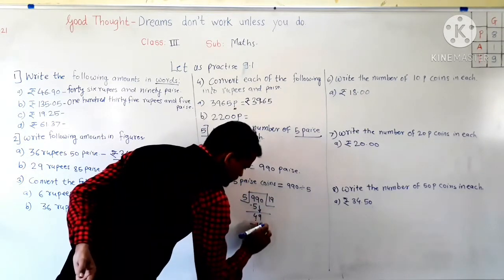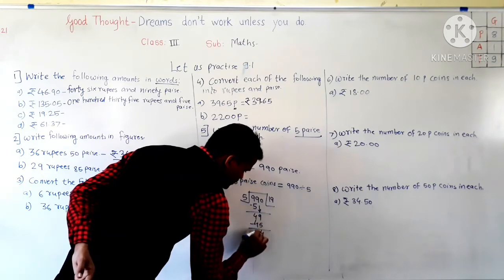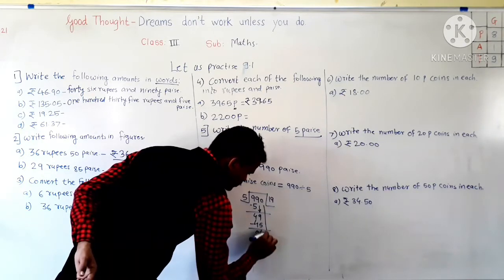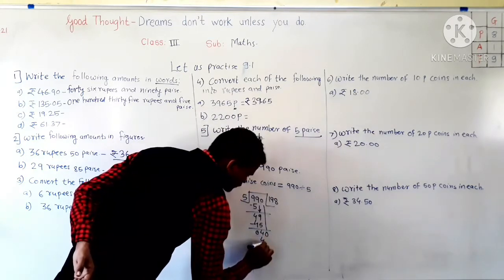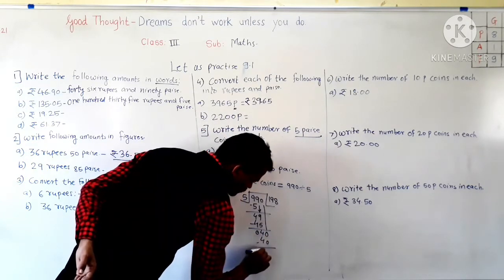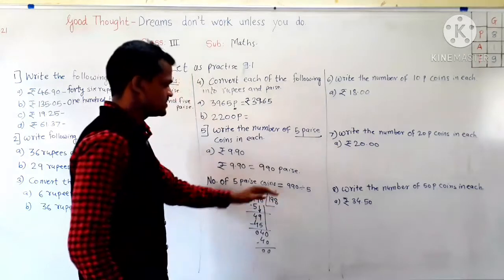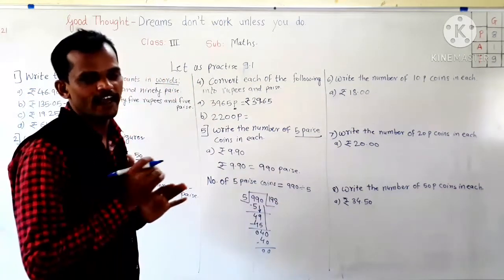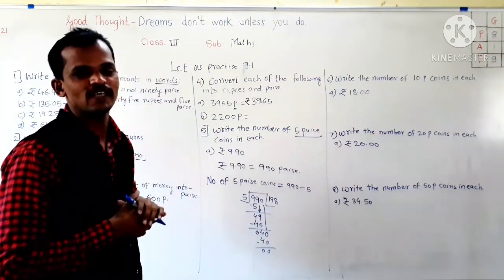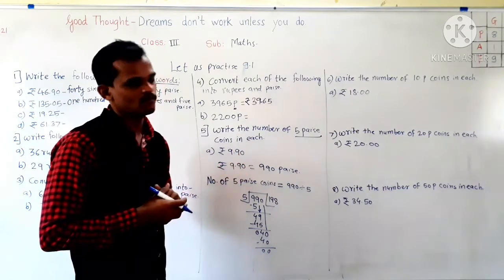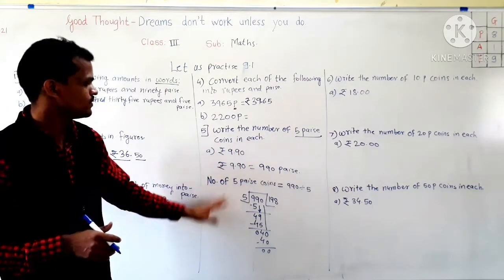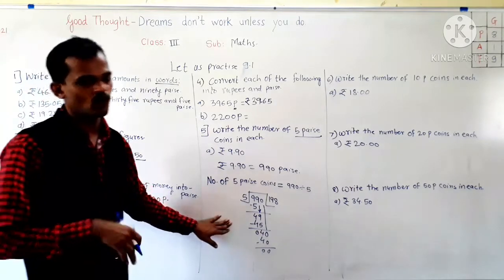Then 49 minus 45 is 4, take this 0 down, 40, 5 eights are 40. So the answer is 198 coins of 5 paise make this amount 9 rupees and 90 paise. The remaining examples of this type we have to do.